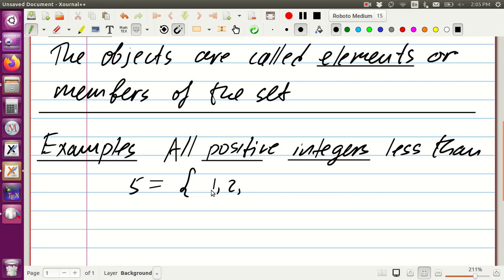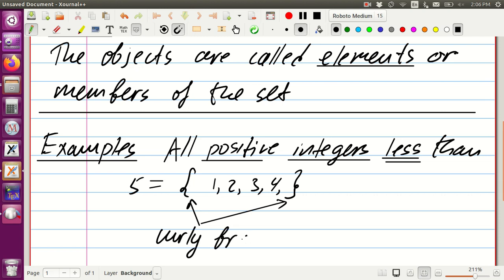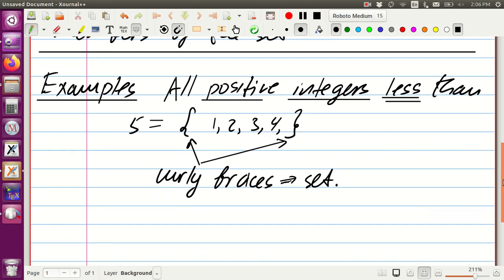So it cannot be 0, so it has to start with 1, 2, 3, 4, but 5 we cannot include because they have to be strictly less than 5. And we close the curly brace, right? So curly braces tell us that this is a set. All right.